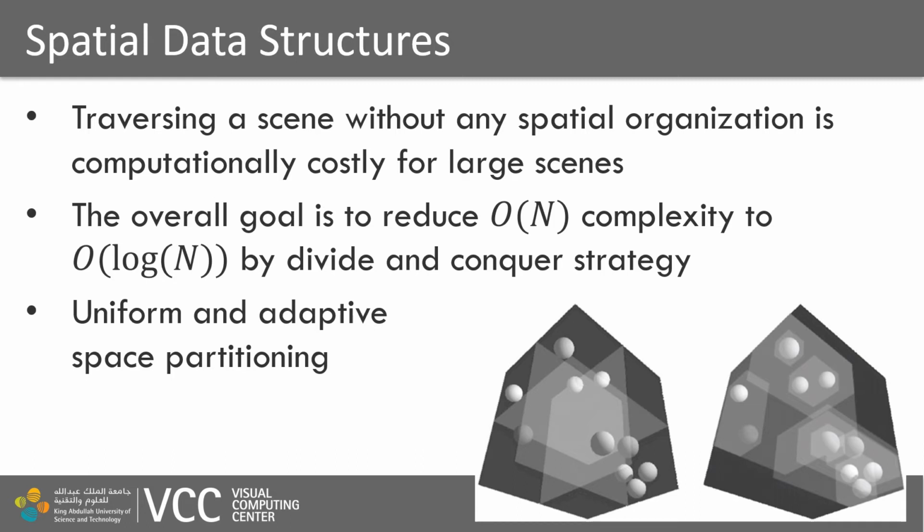We have other data structures, spatial data structures, which are also of a hierarchical nature, but those are often meant for handling complex scenes so that we have faster access to the individual elements, and the complexity is reduced from the linear complexity of traversing through all the objects when searching for a particular one, such as intersection with it, to a sublinear complexity.